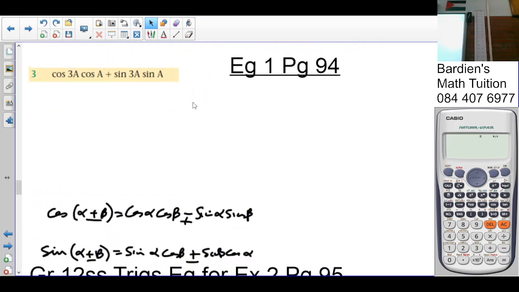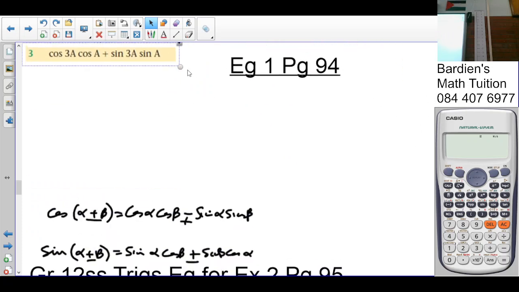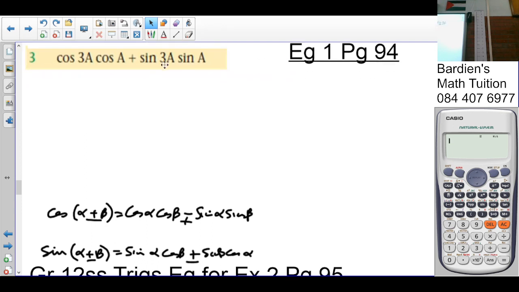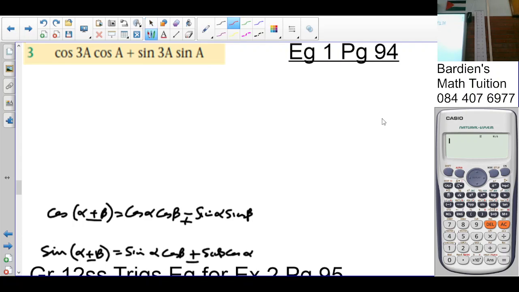Okay, people, number 3 of example 1 on page 94. We've got cos of 3a, cos of a plus sine of 3a, sine of a. What does that remind you of? If you can't see it, what I do is I say, you've got cos, and that 3a is alpha. Let's make it alpha, then that will also be alpha.